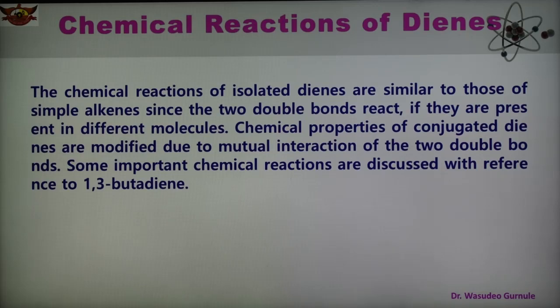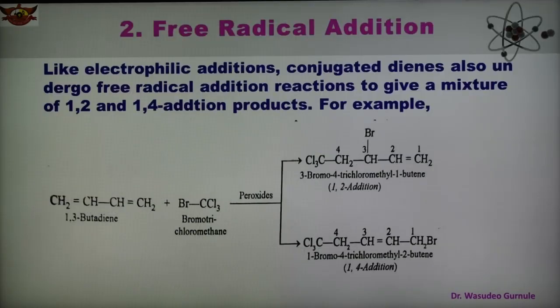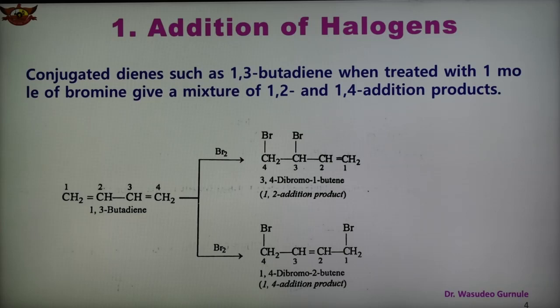The first reaction is the addition of halogens, also known as electrophilic addition to conjugated dienes. In this reaction, conjugated dienes such as 1,3-butadiene, when reacted with 1 mole of bromine, give a mixture of 1,2 and 1,4 addition products. The 1,4 addition product is the major one.